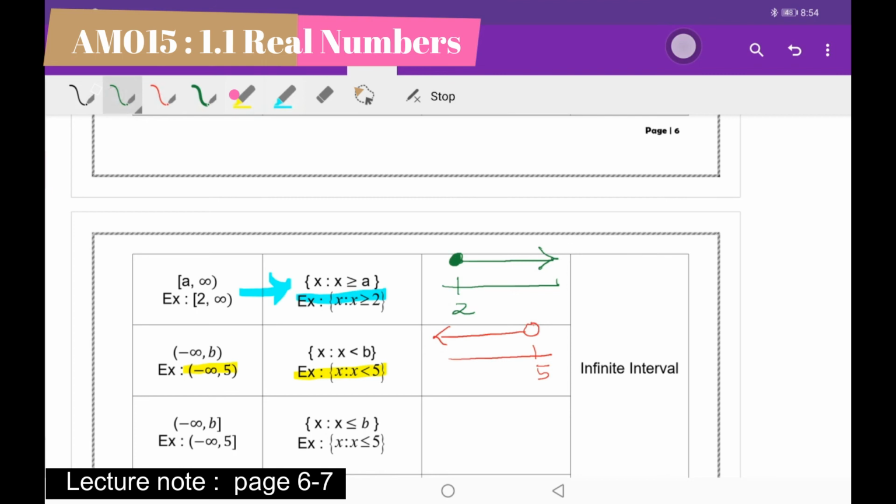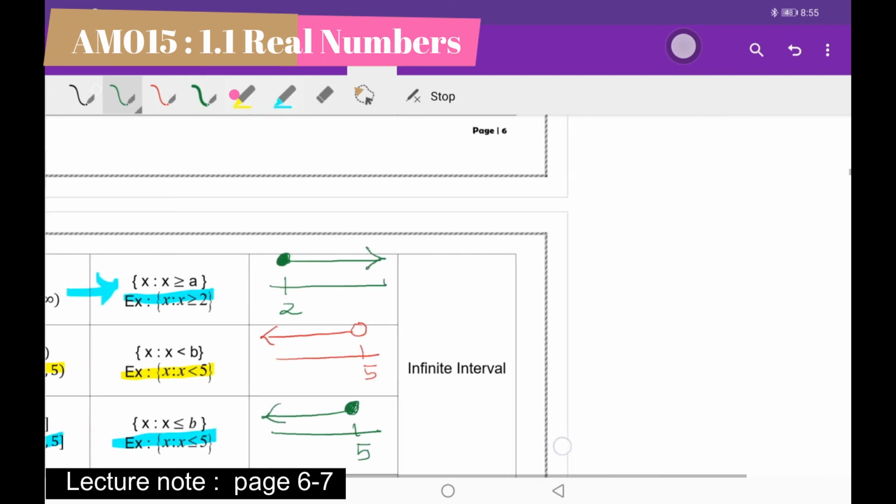Okay, let us try the next example, which is the last example, negative infinity to 5, and this is how you write it down in set notation form. Draw a line and label 5, and because 5 is using a square bracket, you need to use a dense circle and move towards negative infinity.